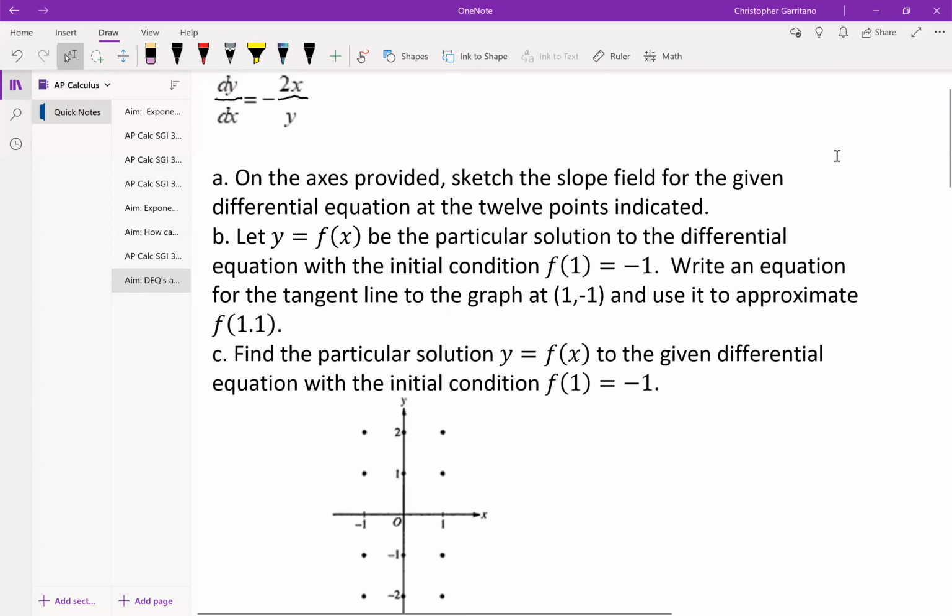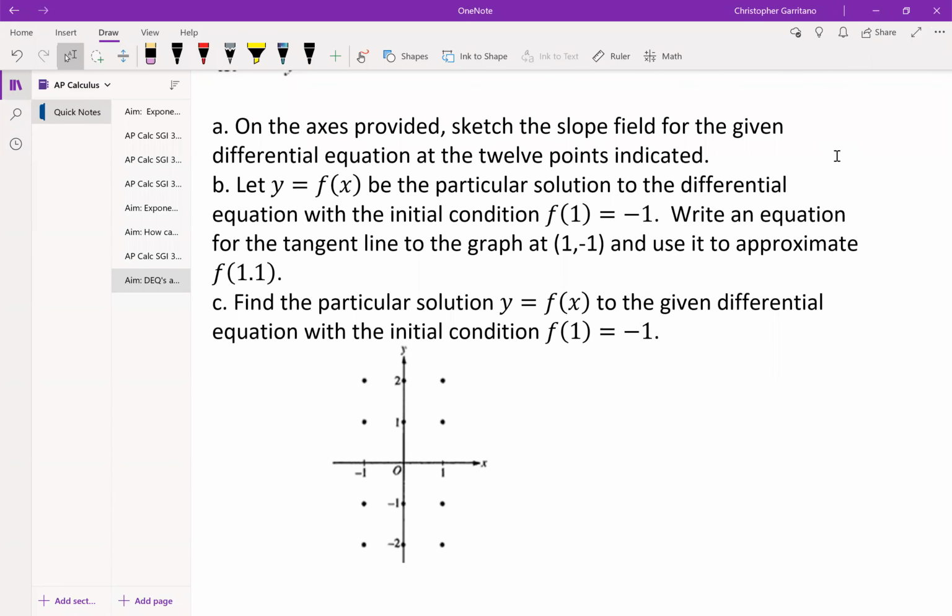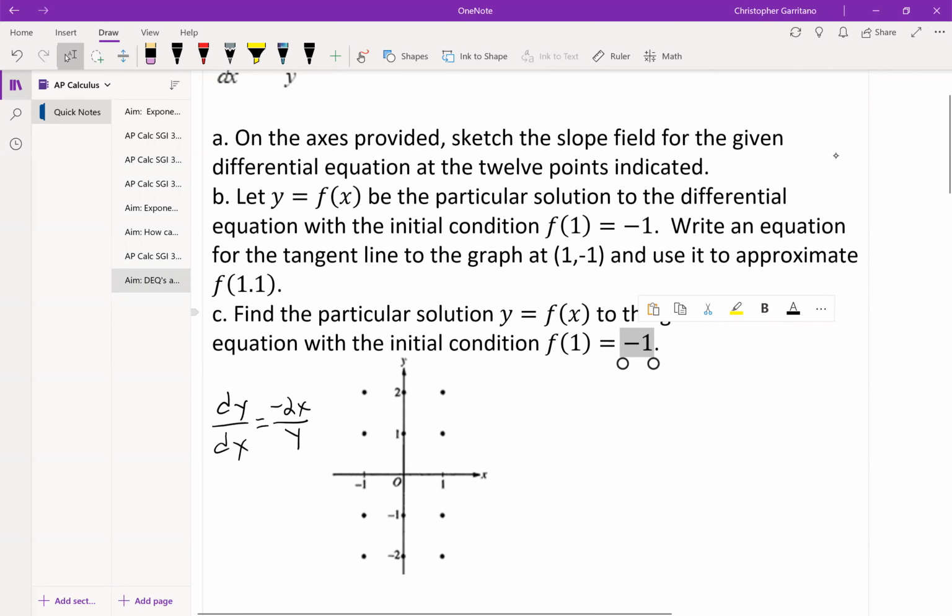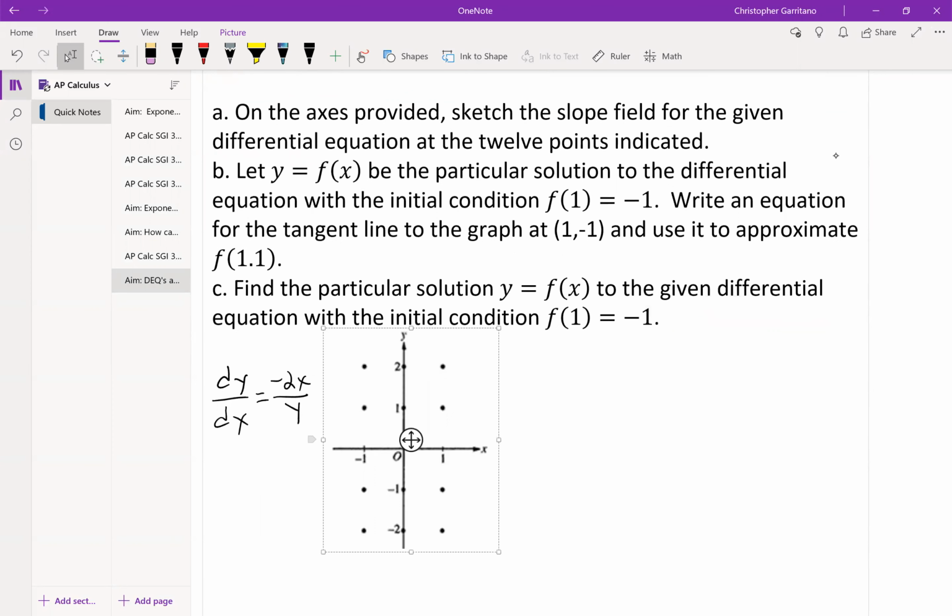So my differential equation, I'm going to write it down here. We have dy over dx is equal to negative 2x over y. So basically, that's the equation that's going to generate my slopes for any particular point.